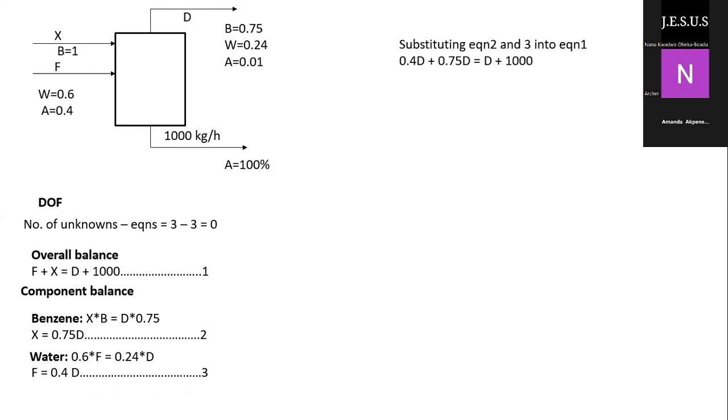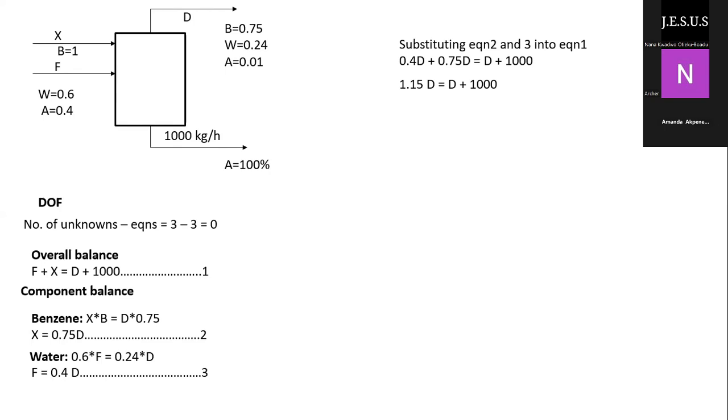If we change the 100% to a mass fraction, it's going to be 1, so I can just say it is 1 times the 1,000. That's the value I'll get for alcohol. So that will be for the alcohol balance.